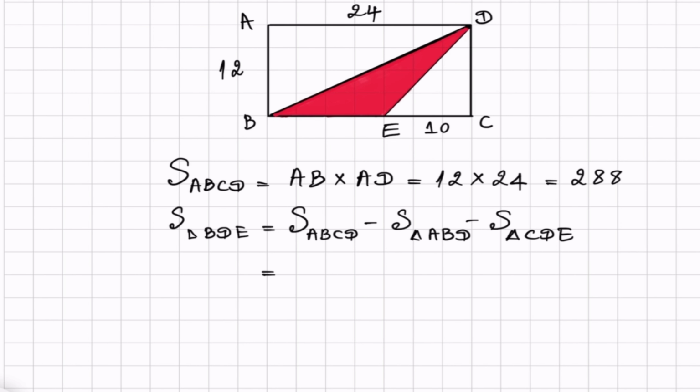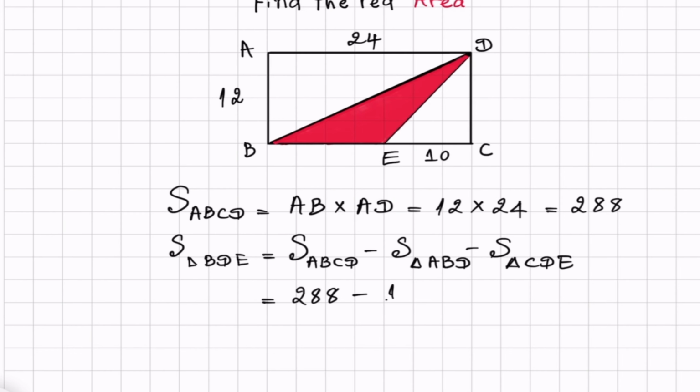The area of ABCD, which is 288, minus the area of triangle ABD, which is 1/2 AB times AD, and then minus 1/2 CE times CD, which is the area of triangle CDE. Okay, so CD is equal to AB.